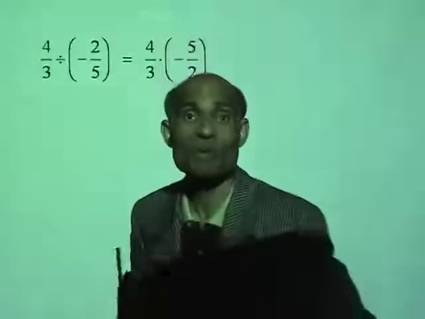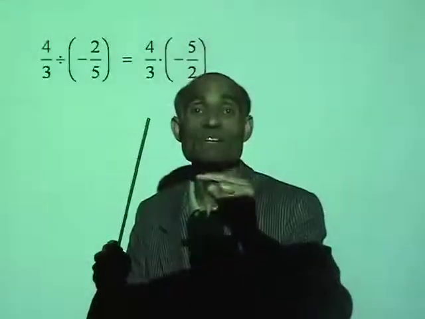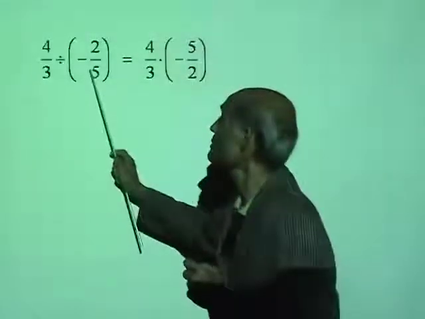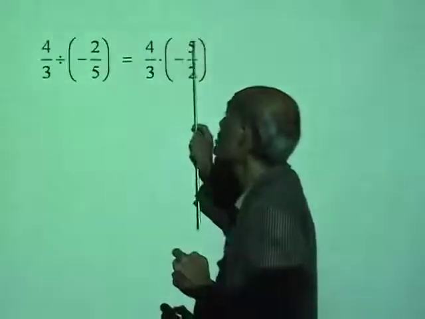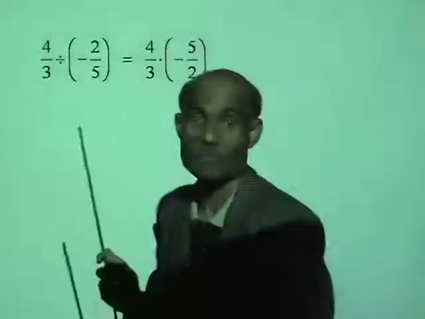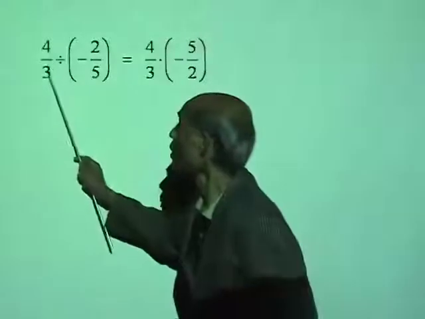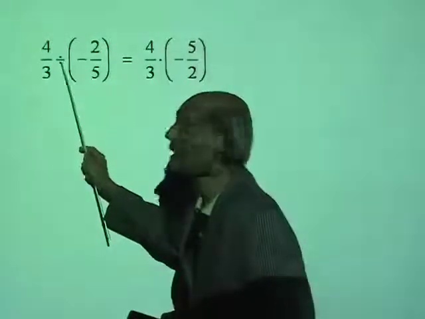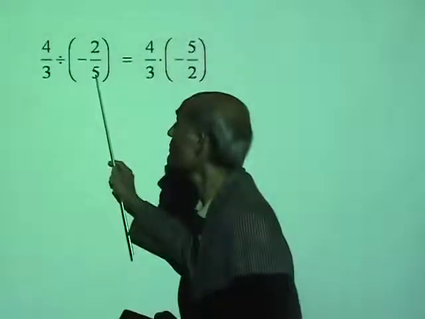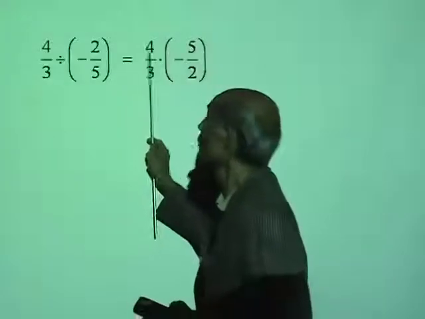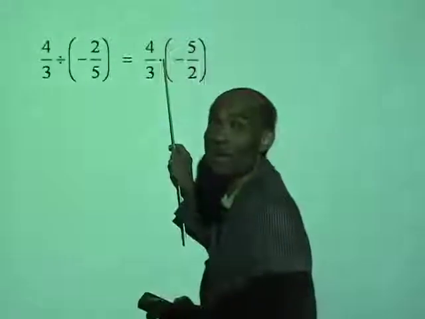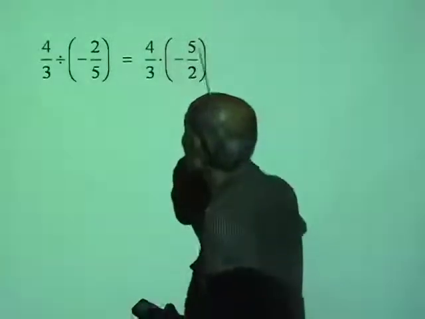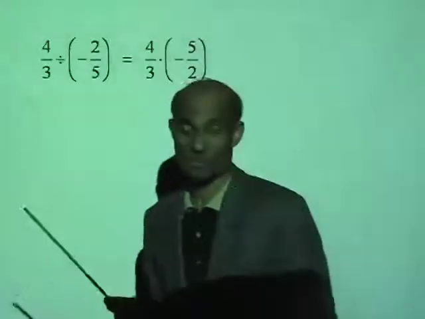What is the reciprocal of negative 2/5? The reciprocal of negative 2/5 is negative 5 over 2. So 4 over 3 divided by negative 2/5 is 4 over 3 multiplied by negative 5 over 2.